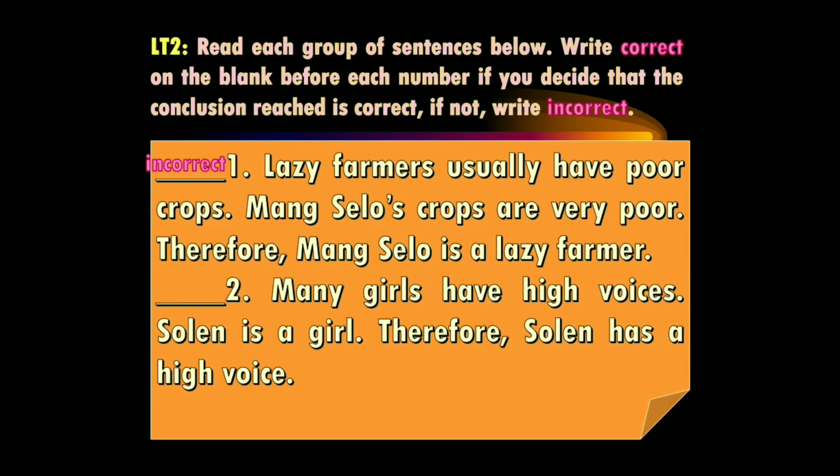So what's your answer? The answer is incorrect. The idea presented for this sentence is not enough to support that Solen has really a high voice. Okay? What about this one for number 3?